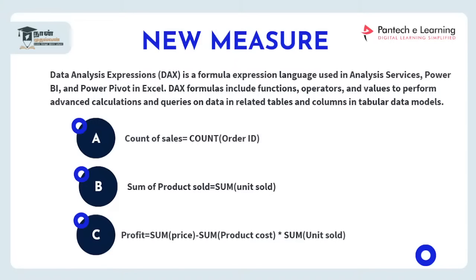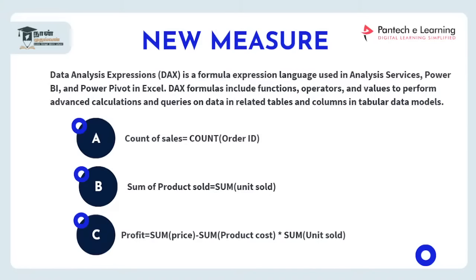Now I will take two or three tasks, and task by task I will create the values and columns. The first one is count of sales. The count of sales is not present in my dataset, so I will create the new measure from the existing values. Next, sum of products sold: the overall count of products sold, based on units.